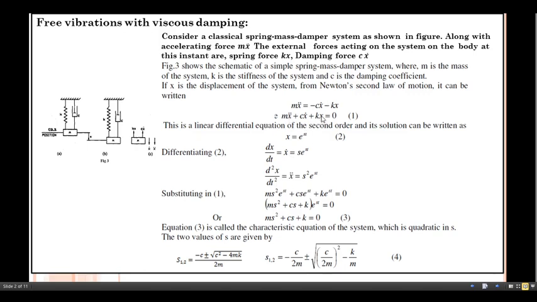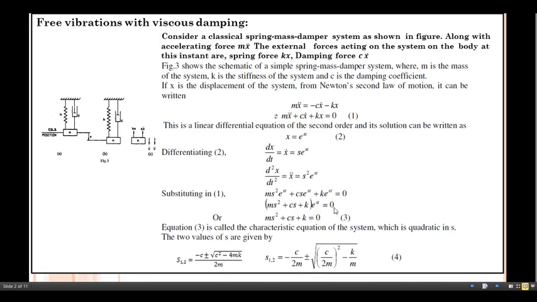Equation 1 changes by substituting these values. You replace x double dot by s square into e raised to st, x single dot by s into e raised to st, and x by e raised to st. Now from all the terms, take e raised to st as common, and put the remaining part in one bracket.